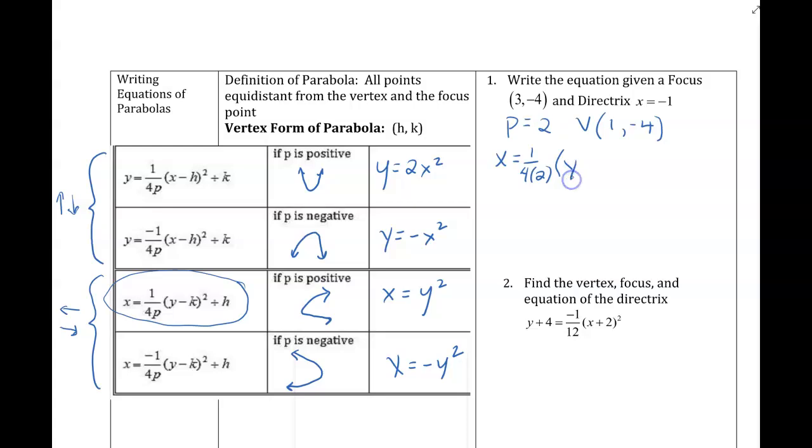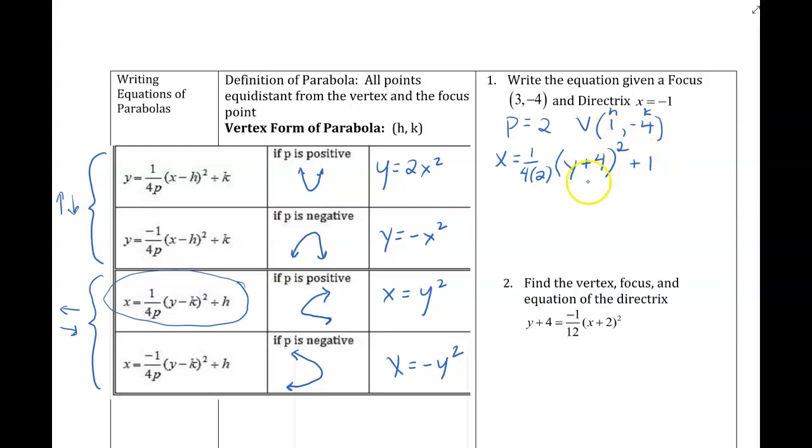Times y minus the y-coordinate. Remember, h, k represents your vertex. Y always goes with y, so if I subtract that y value, subtracting -4, the double negative becomes positive. Don't forget your squared. And then plus the h, which is just my x-coordinate.